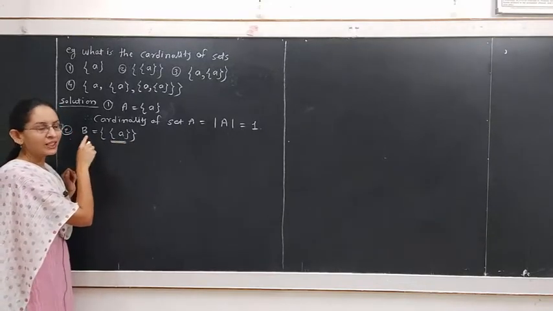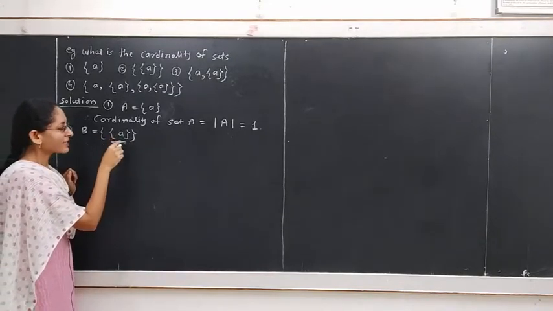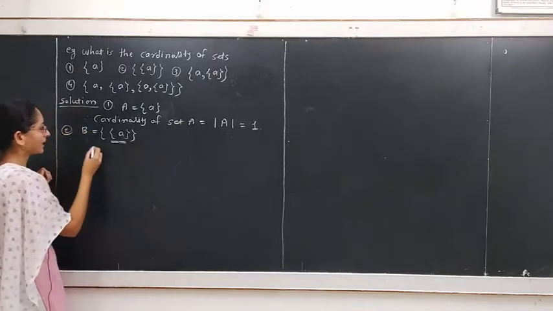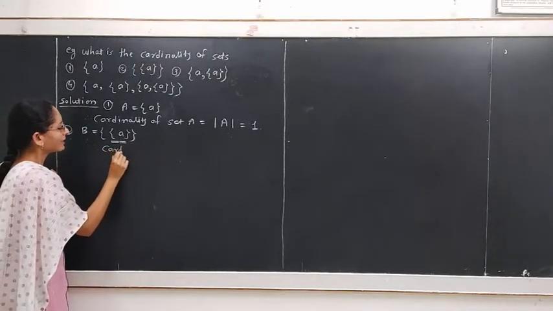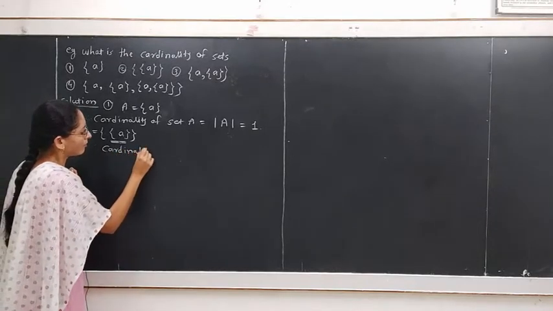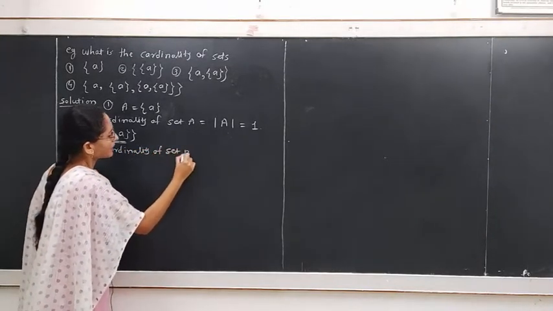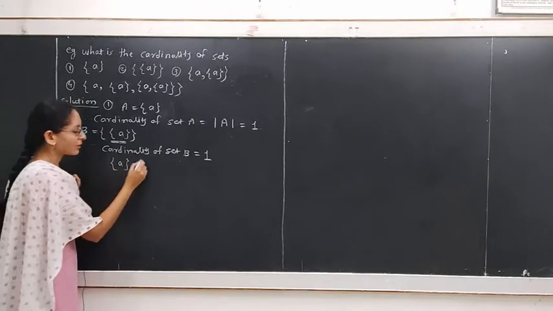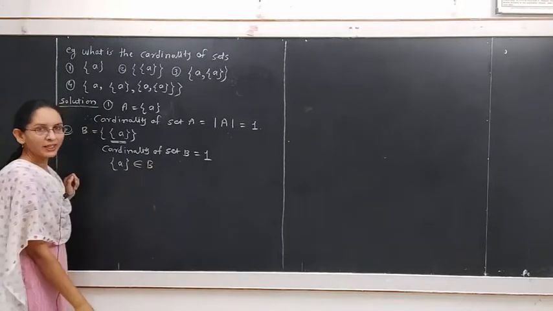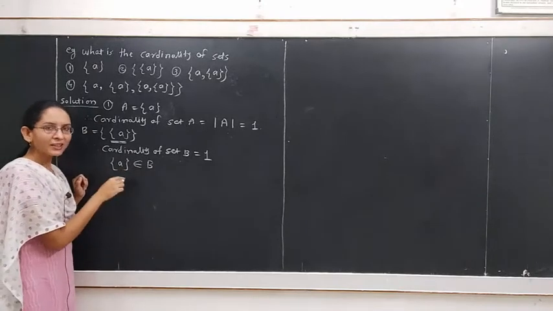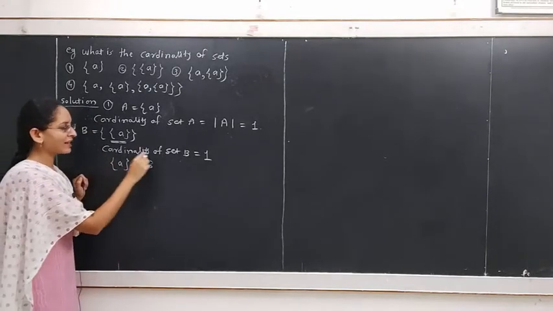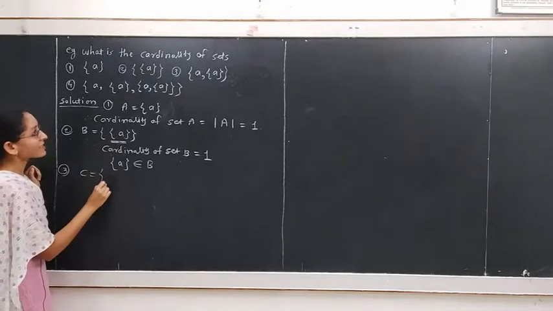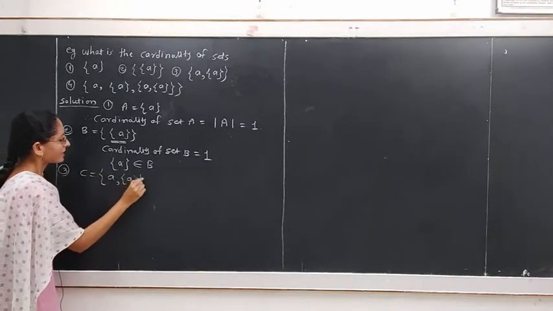The element of the set B is in the form of set and there is only one element in set B. Hence the cardinality of set B is 1 again, since this is the only one element belonging to set B. Element of set B is again in the form of set and that is only one set, hence cardinality of set B is 1.